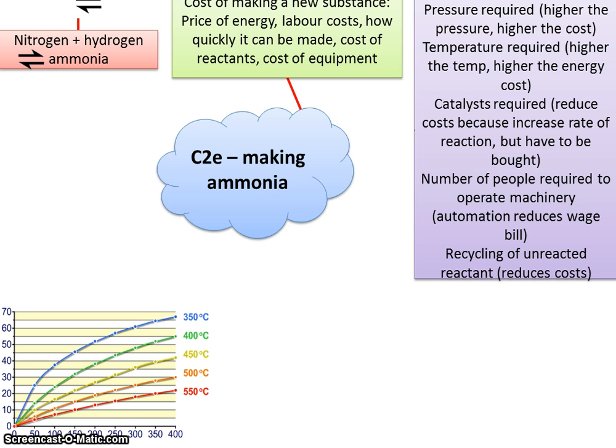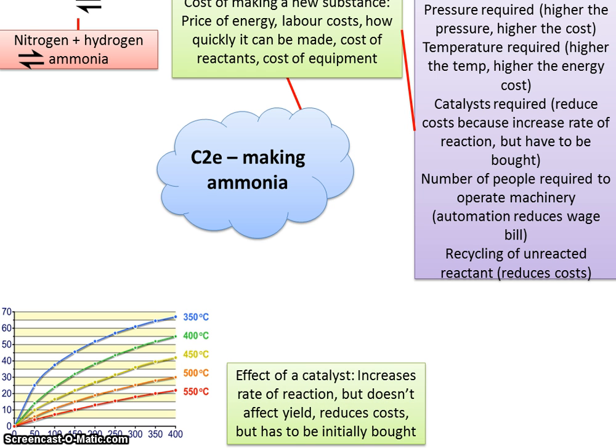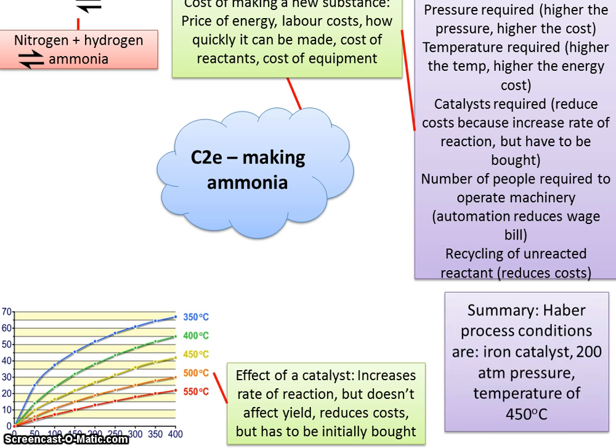But again, like I said, this is a good thing in this case, because anything that's left over just gets sent straight back to the beginning, and that goes back into the reaction. So in summary, I'm going to say again, because you really need to learn these conditions, the Haber process requires an iron catalyst, it requires 200 atmospheres of pressure and a temperature of 450 degrees.